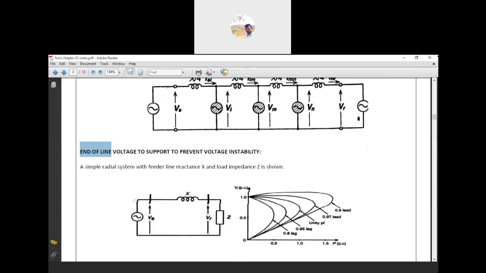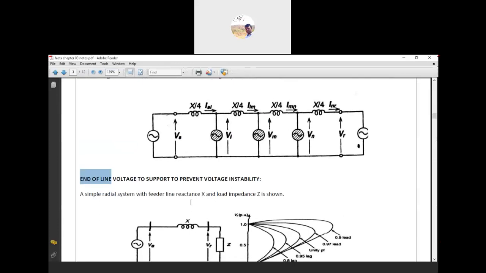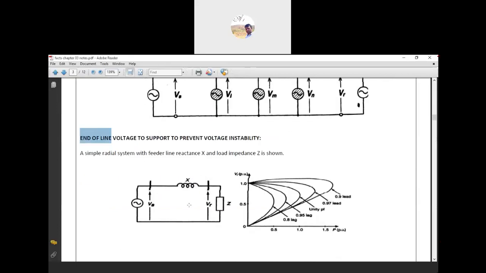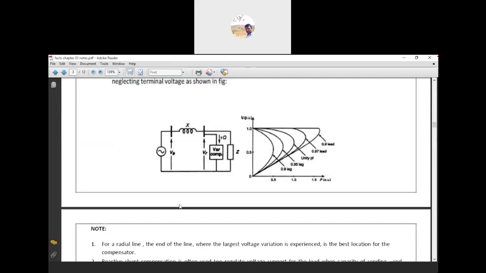Here we have the two-machine transmission model, with two voltage sources, which are generator models, connected through a transmission interconnection. We are using X/2 impedances on each side; that is the transmission impedance, not a reactor.